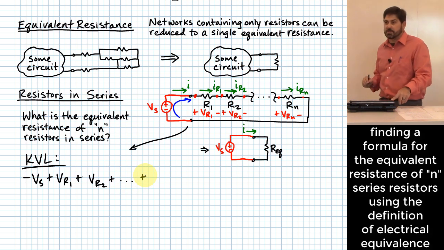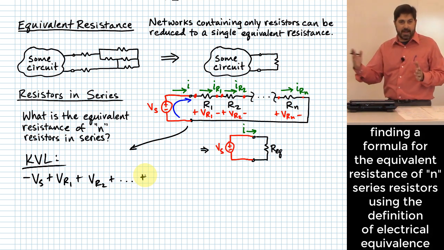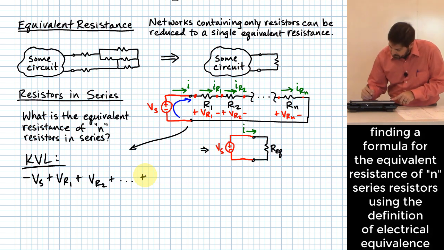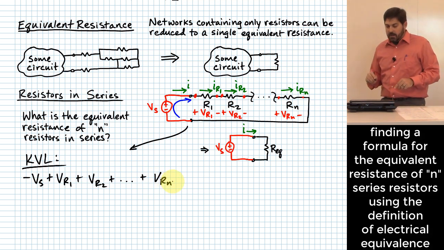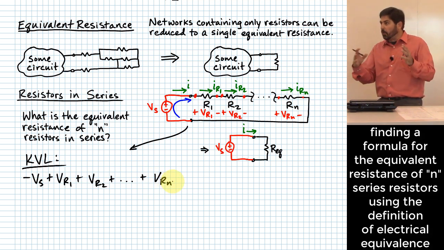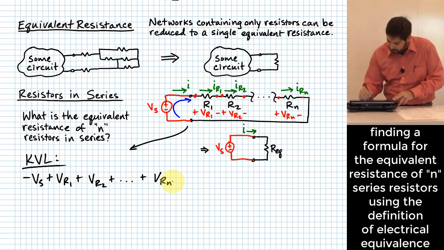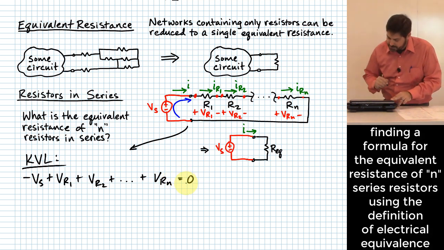However many resistors there are, I can just keep adding them up, until I get to the last one, VRN. Now, that's a sum of voltages. What is that sum equal to? Zero, because that's what Kirchhoff's voltage law says.